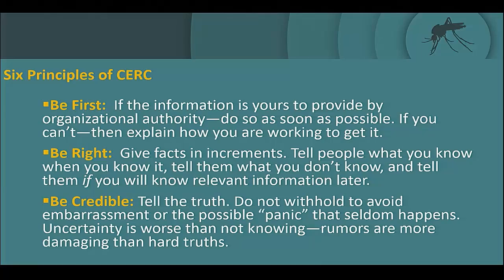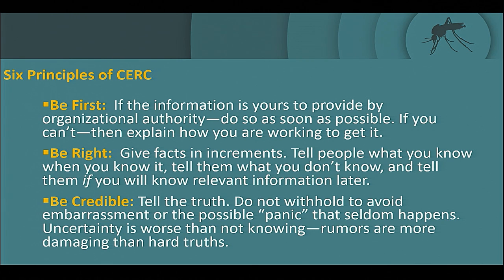We have 6 principles, 3 of them on this slide and 3 on the next, that we believe are a useful framework from which you can start to develop your messages, again, with your public information officers who have this expertise. I know it's tough in an age with social media, and I wonder if we're still trending, to be first. But what I'm saying is, go ahead and make the decision to release information.